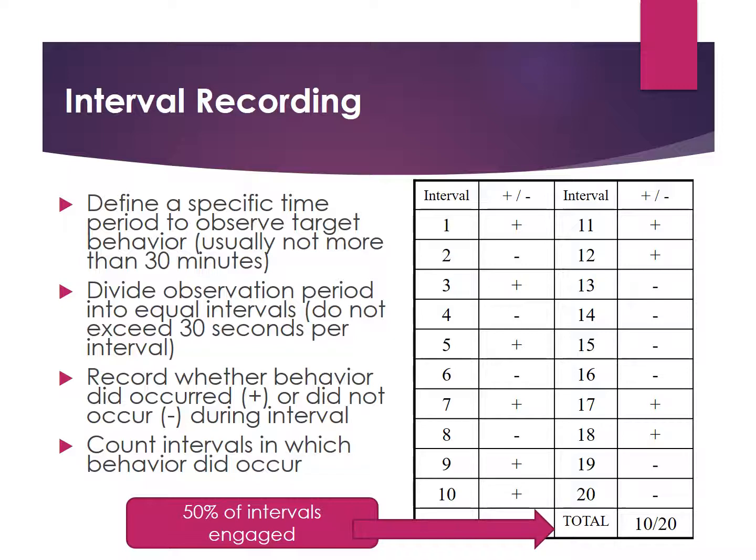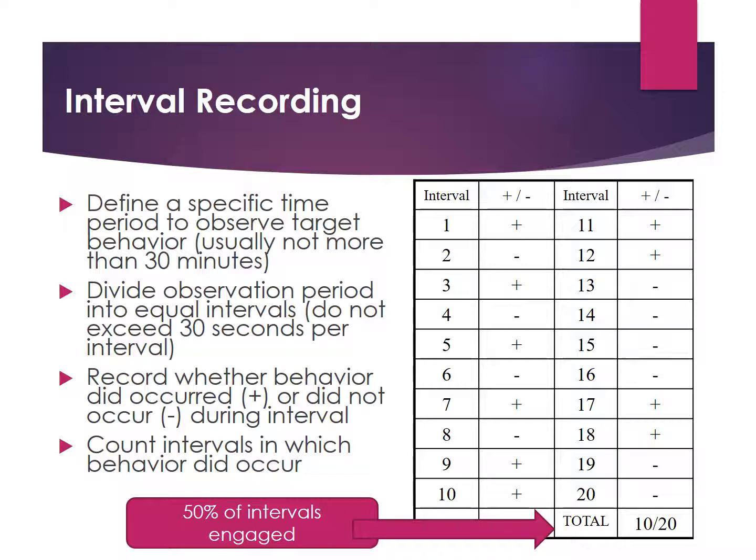When recording a plus, it's important that you remember if you're using whole or partial interval. With partial interval, a plus tells me that the behavior occurred at any point during that interval. With whole interval, a plus tells me that the behavior happened through the entire duration of that interval.